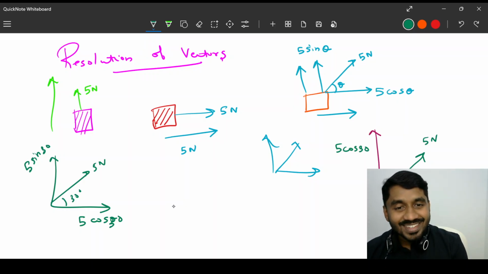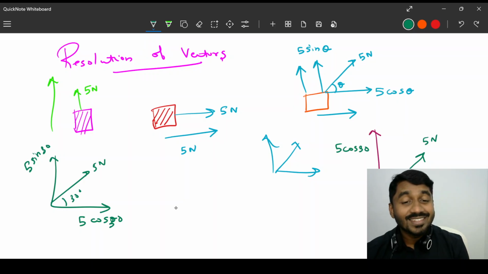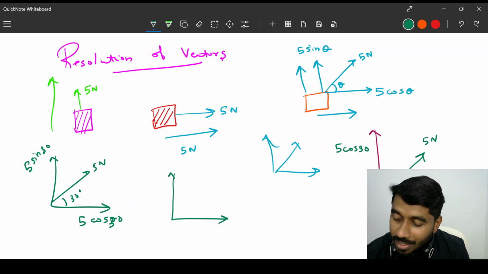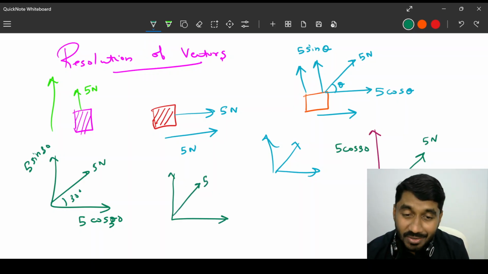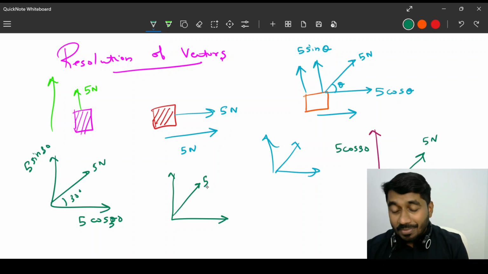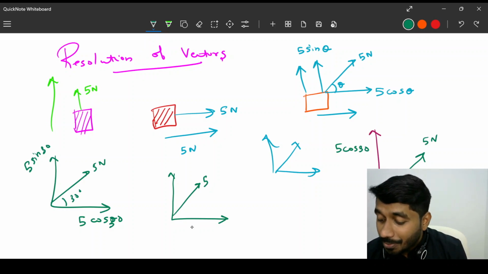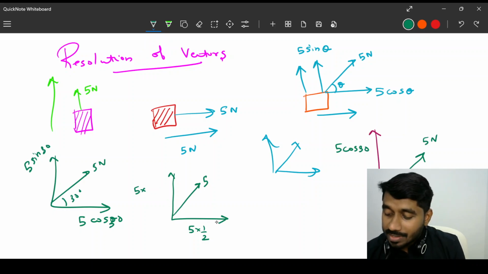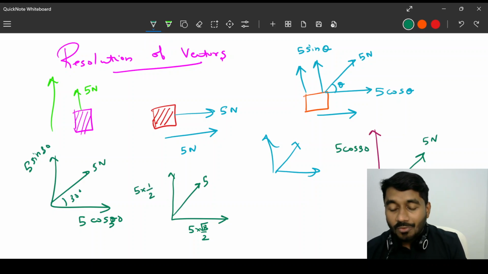So what is sin 30? Come on, sin 30 is 1 by 2. So the 5 Newton force I applied is resolved into 5 into 1 by 2 and 5 into cos 30, where cos 30 is root 3 by 2 and sin 30 is 1 by 2.